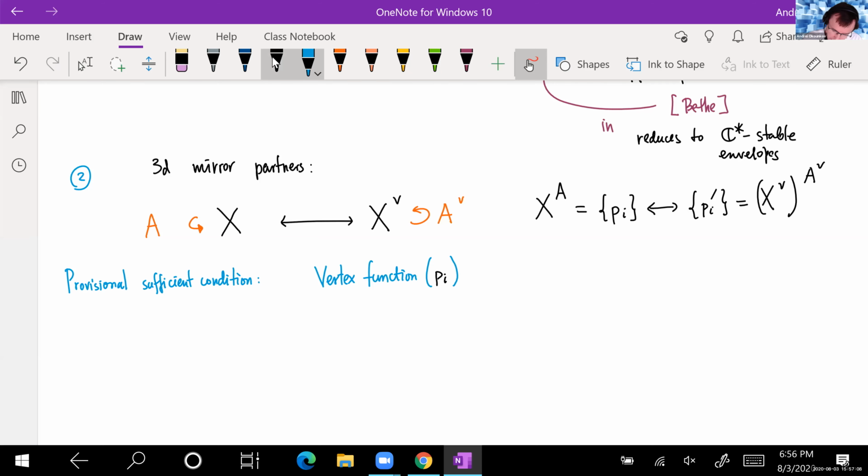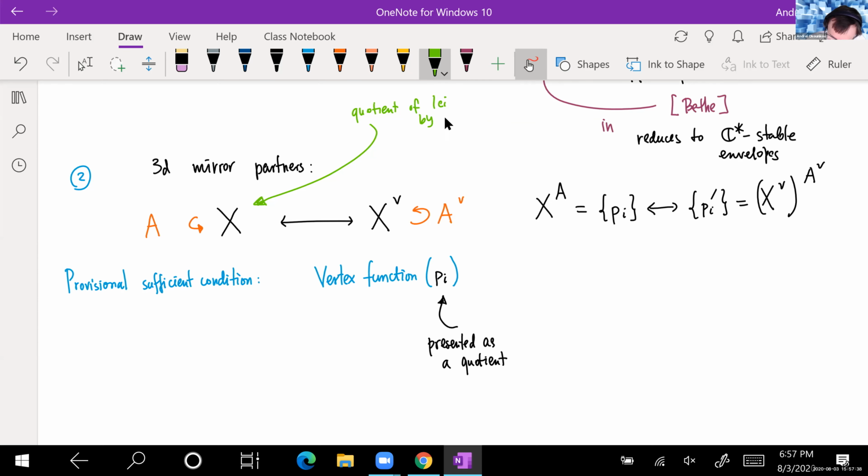This means this is a point, but it's really presented as a non-trivial quotient. So in this world, X is a quotient, something by something, maybe LCI, or maybe smooth, bireductive, something like this.